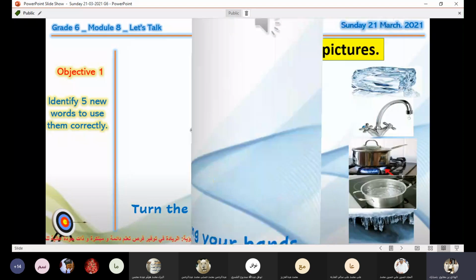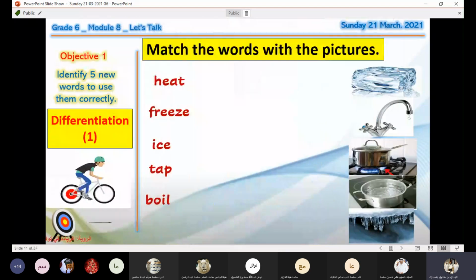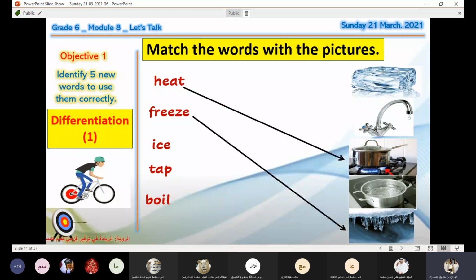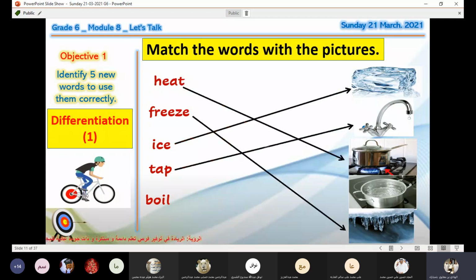Very good, very good. So these are the words that we dealt with today. First one, heat, freeze, ice, tap, boil. So we are going just to match them together. This is heat, freeze, ice, tap, and boil, right?